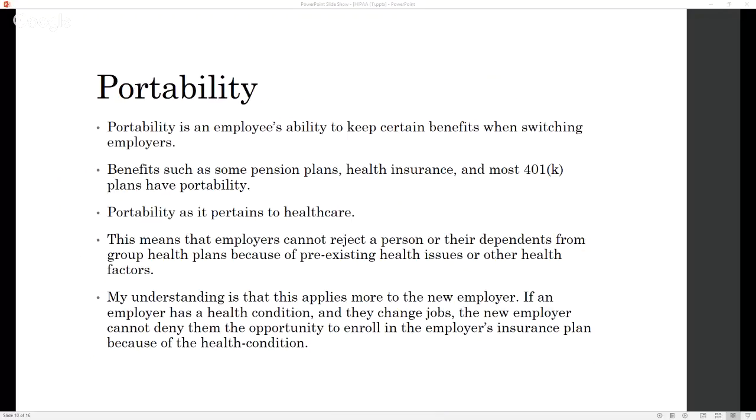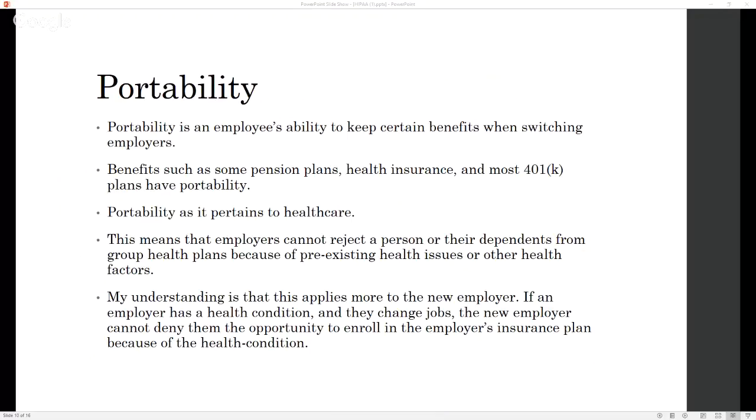As it pertains to healthcare, it means that employers cannot reject a person or their dependents from group health plans because of pre-existing health issues or other health factors. So my understanding is, if a father works for a certain company and his wife and his children are all dependents on his health insurance through his company, and he changes employers from one company to another, COBRA applies kind of in the middle, which we'll go over later.